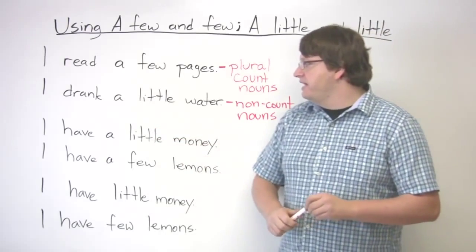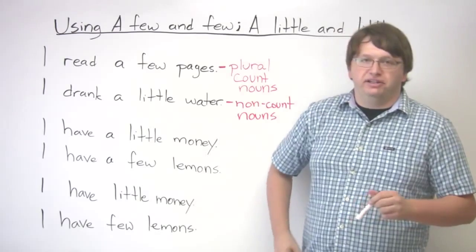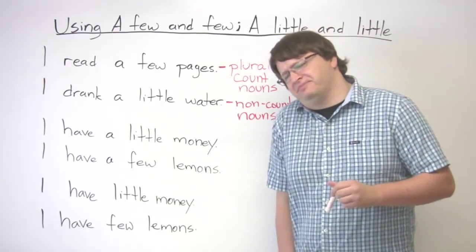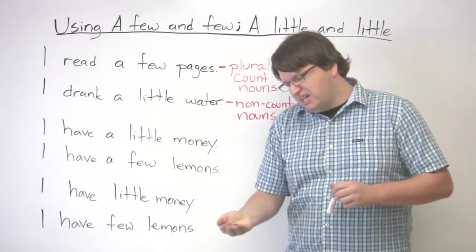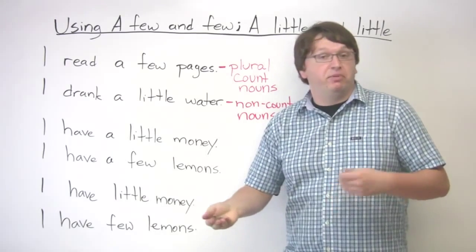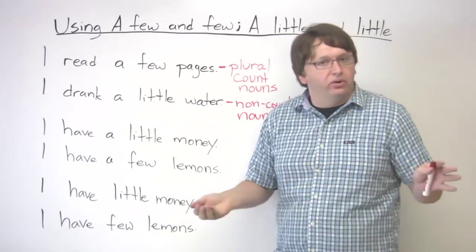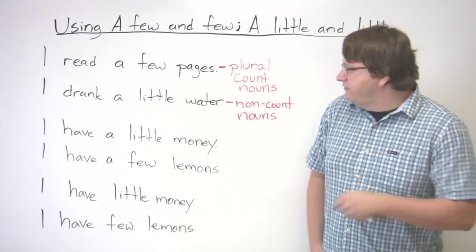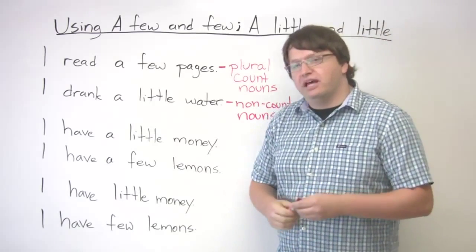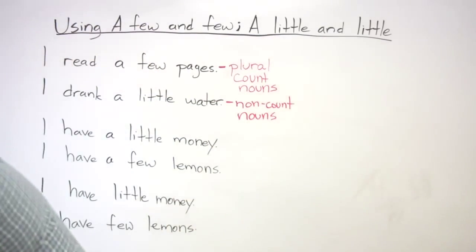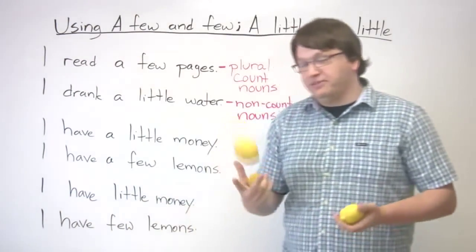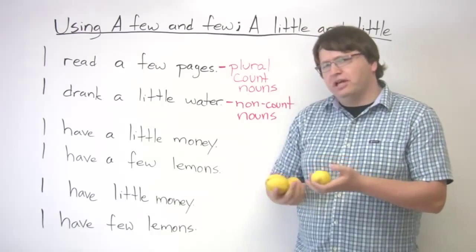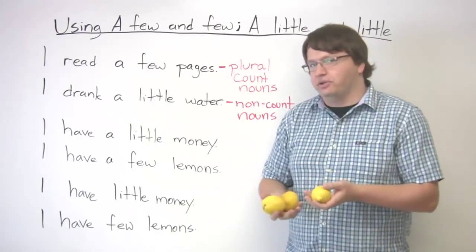If I say I have a little money, so if I go into my pocket and I have a little money, I have some money, it's positive, right? I don't have 0, I have some. If I say I have a few lemons, I have some lemons, I don't have 0.